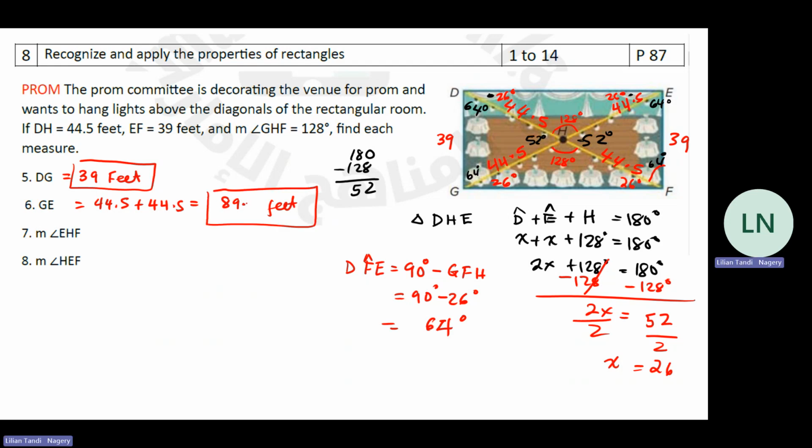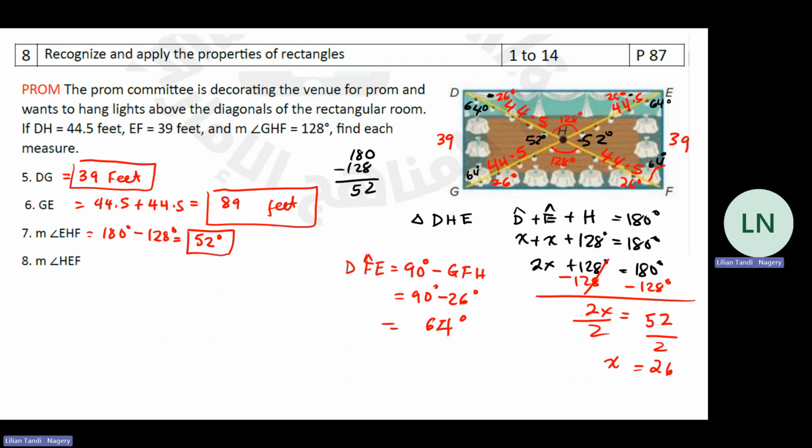You can put 89.0, you can just put 89. That's fine. Angle EHF is 52 degrees because of 180 minus 128, giving us 52 degrees. You box your answer.